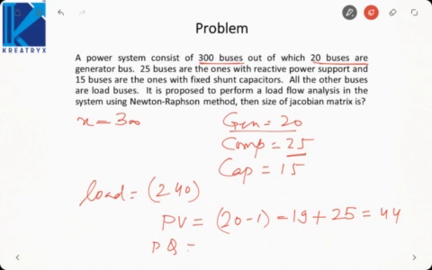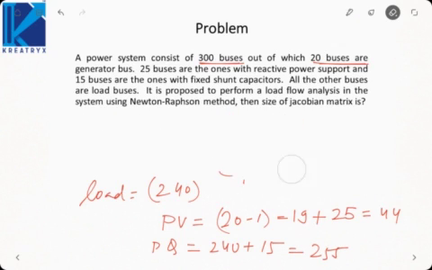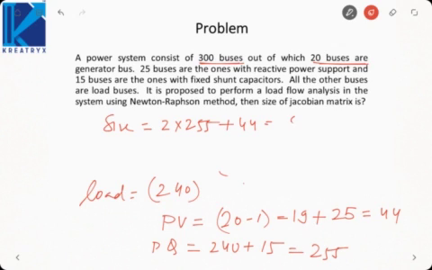PQ buses will be load buses plus shunt capacitors, that is 255. Now as I told you, size of Jacobian is 2 into PQ plus PV, 2 into 255 plus 44, that is 554. So size will be 554 cross 554. That is the size of Jacobian.